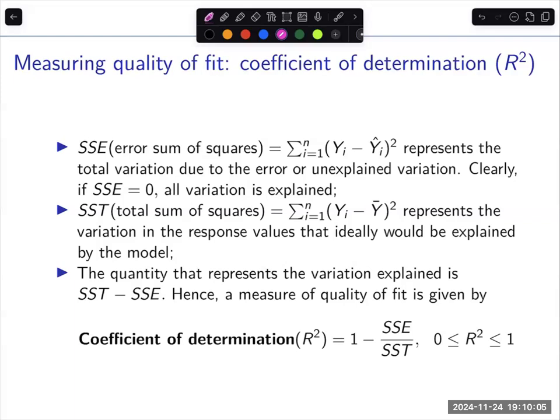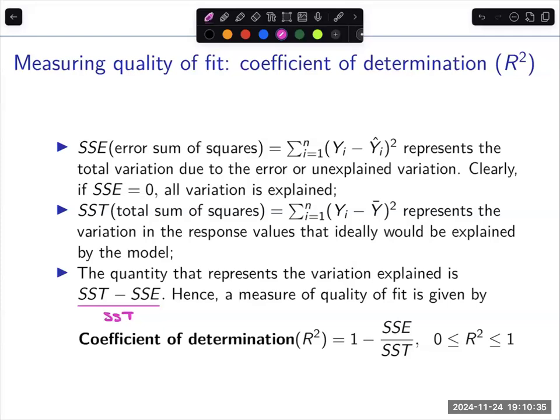If we standardize that quantity by dividing by SST, we get the coefficient of determination, R squared, represented as 1 minus SSE divided by SST. As you can see here, this quantity ranges from 0 to 1, with 0 as perfect non-fitting and 1 as perfect fitting.